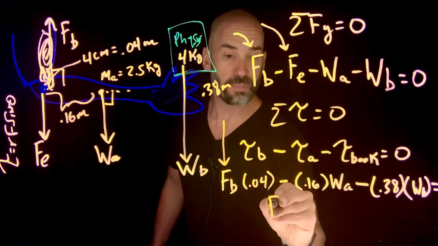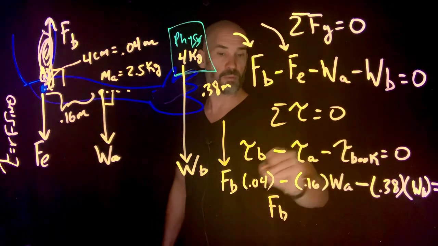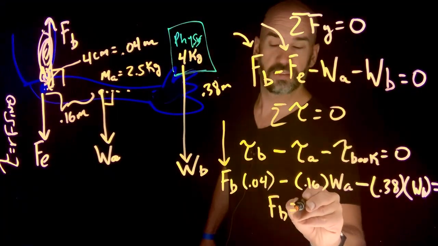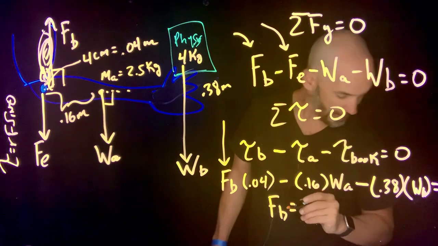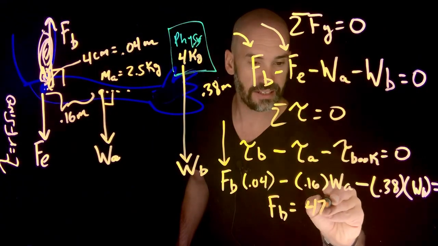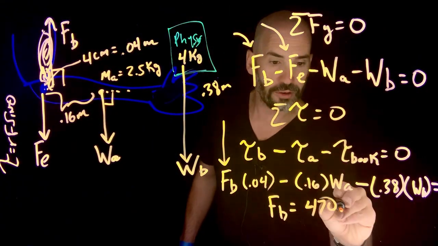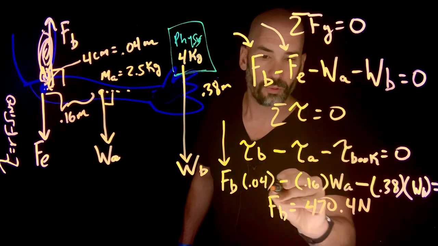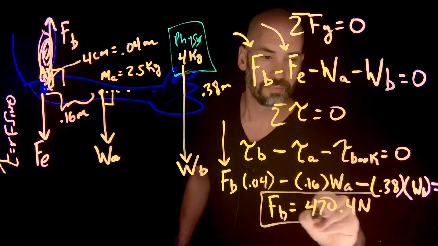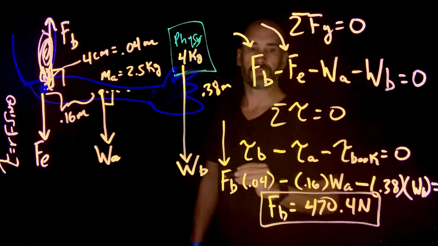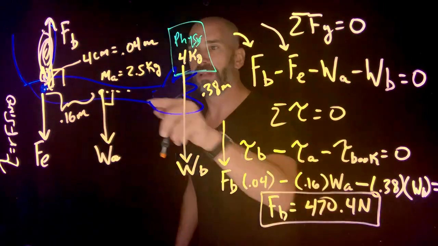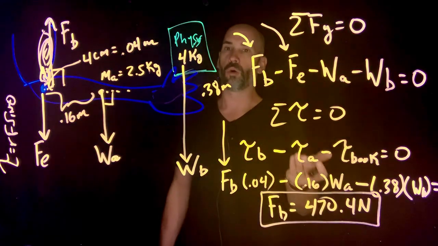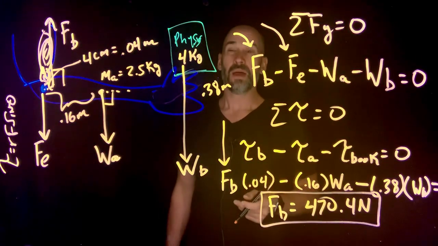So if I put in my weight of the arm and my weight of the book, the force that the bicep has to apply is, I get 470.4 newtons. Dang, pretty cool. Okay, I just found out what the bicep needs to apply to my arm in order to hold up that physics book. Okay, but are we done?